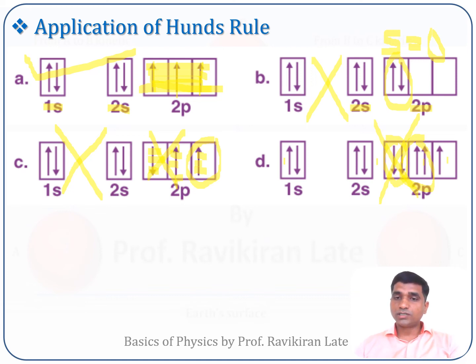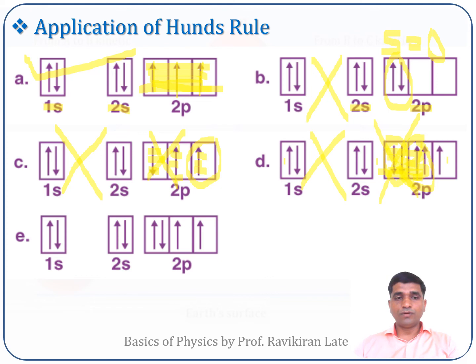In the first and second cases, the 2px and 2py orbitals have the same set of quantum numbers respectively. So the configuration given here is not true from Hund's rule and Pauli's exclusion principle.